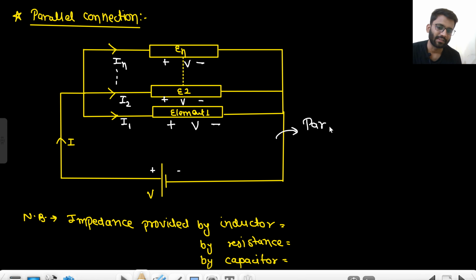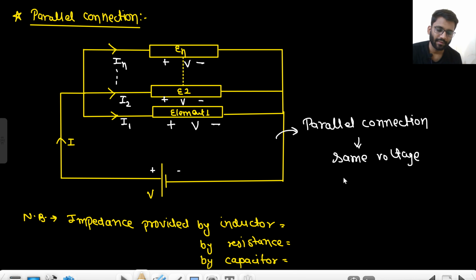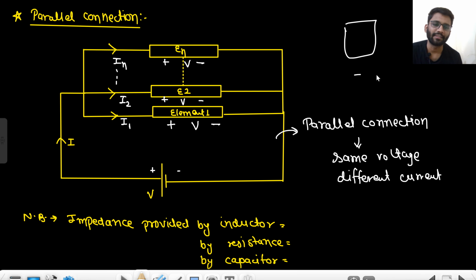So what does parallel connection mean? Parallel connection simply means same voltage and different current. Like two systems can be connected in such a way, like in this way it will be connected.